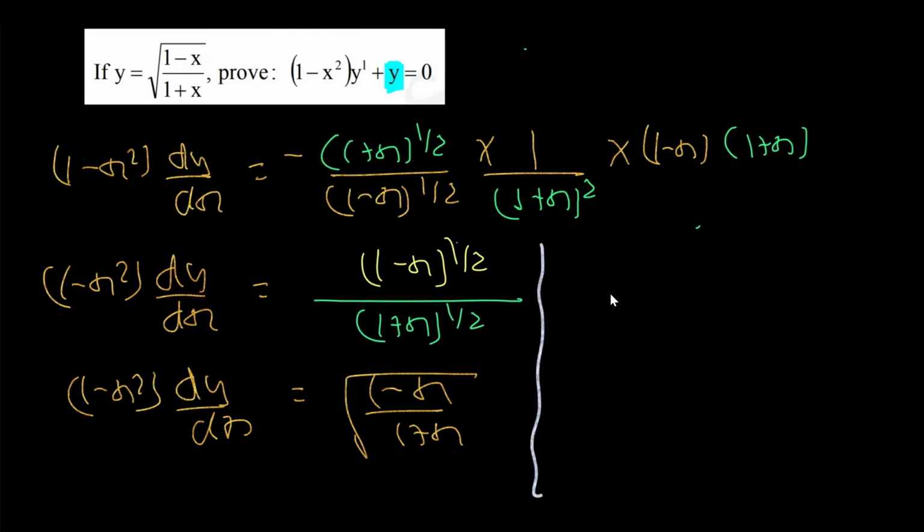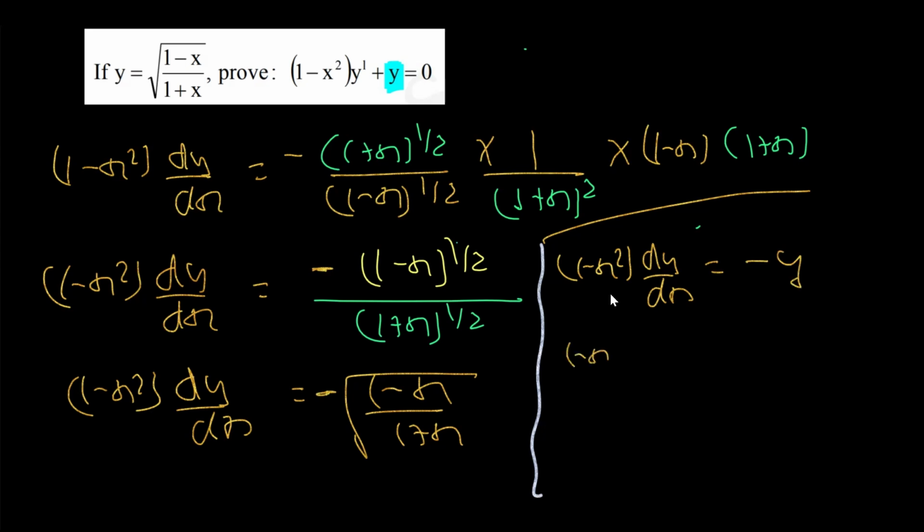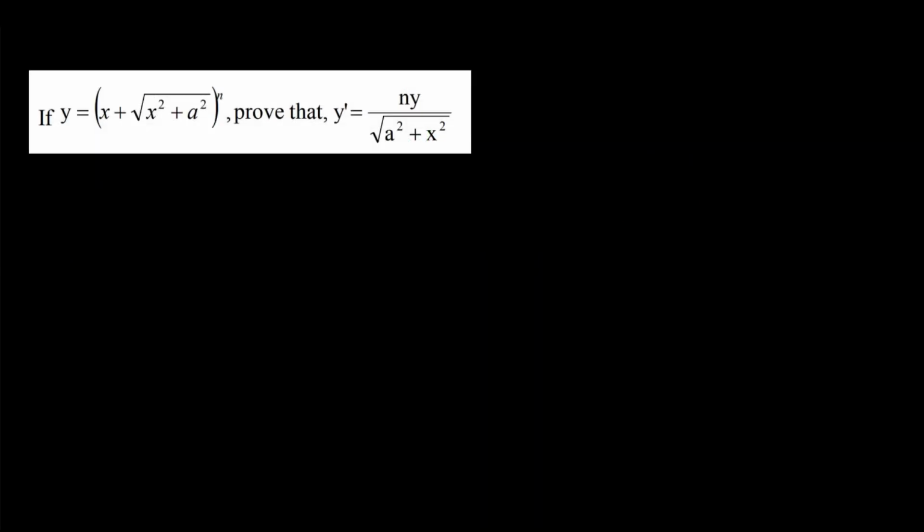This is 1 minus x square dy by dx, and there's a minus, right, which I missed. So this is equal to minus y, and if I write minus y on the left hand side, it becomes plus y equals 0. So that's how we will do this question.